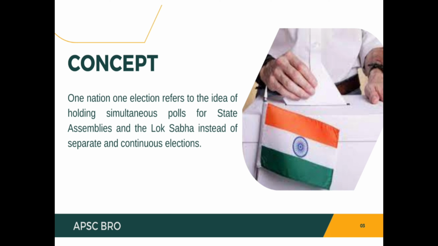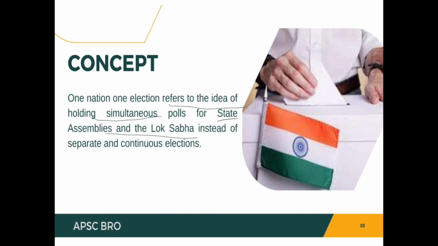One nation, one election refers to the idea of organizing simultaneous polls for the state assemblies and the Lok Sabha. Now you know that Rajasthan is going into election. Assam went into election in 2021, right? So the Lok Sabha election is due next year. So we see that the election to the center, that is Lok Sabha, and elections to different states of the country are held at different times of the year or in different years.